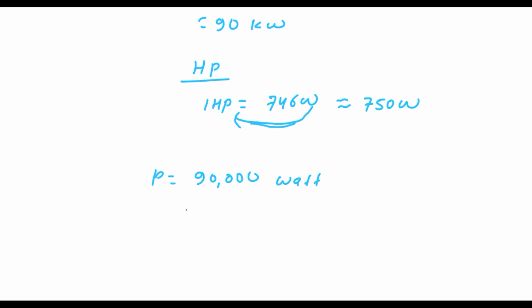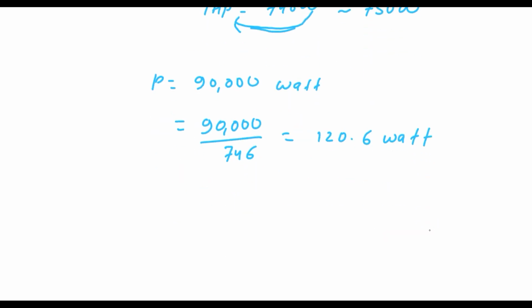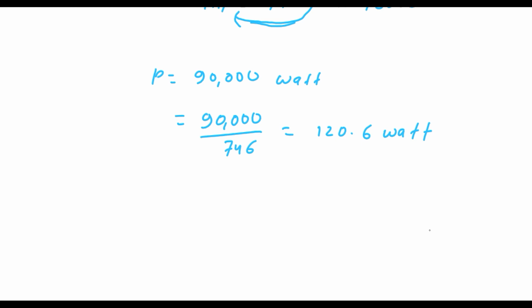So 90,000 divided by 746. When we divide with 746, it changes into horsepower, that is 120.6. This is the required power in horsepower.